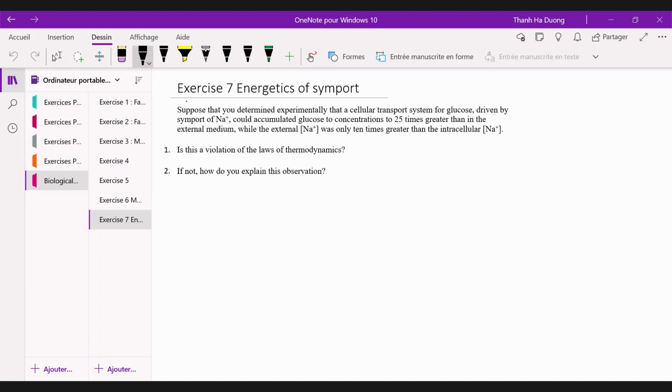So in this last exercise, you have a co-transport, a symport. It means that it will go in the same direction, okay? And you have a symport of glucose and sodium.